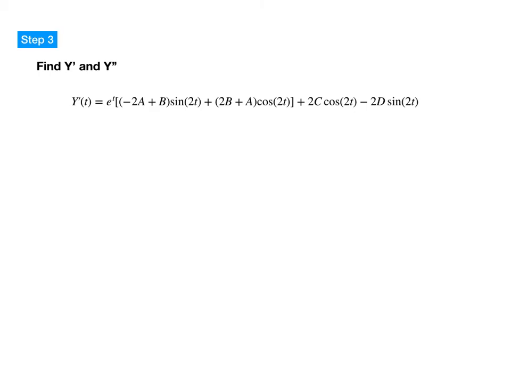You can find y prime, and I combine like terms in terms of exponential functions, sine, cosine, or just cosine and sine. And I found y double prime, which is the derivative of y prime. And again, to match with the non-homogeneous part, I combine like terms. I just get exponential function with sine, cosine, and a function with just cosine and sine.